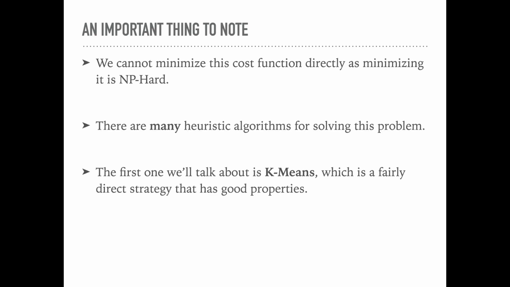An important thing to notice is that this problem is really difficult. In technical terms, it's something called NP-hard, which basically means that there is no fast way of solving it. We cannot exactly minimize this function in any reasonable amount of time.